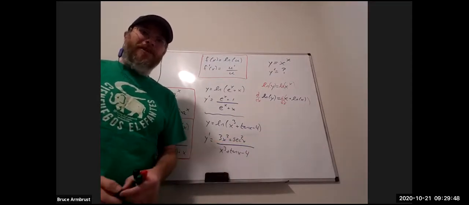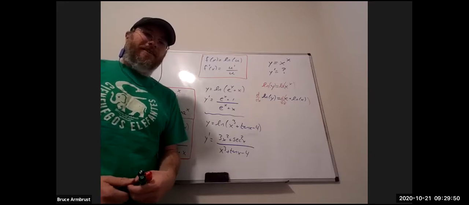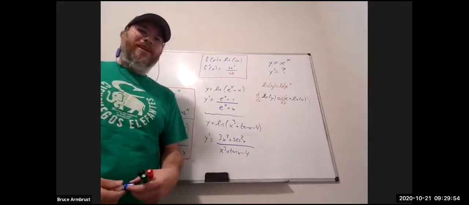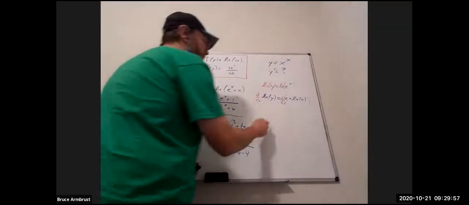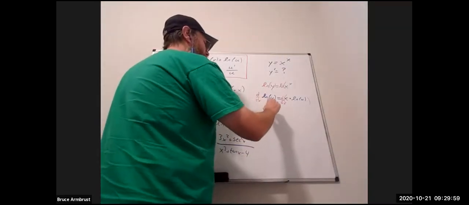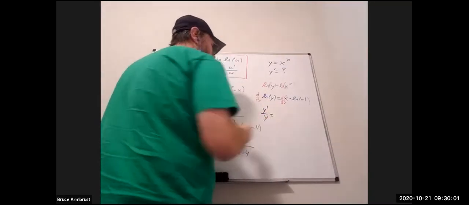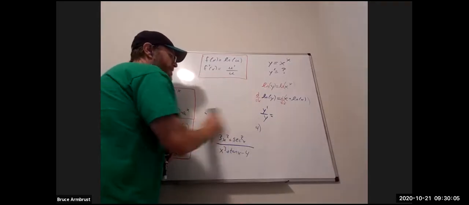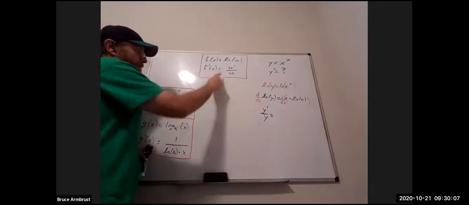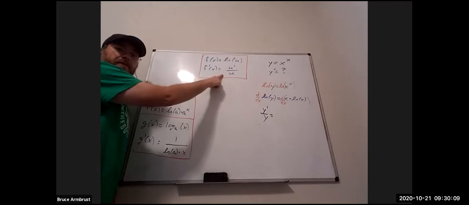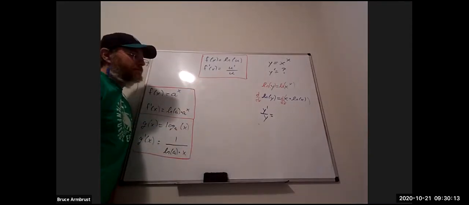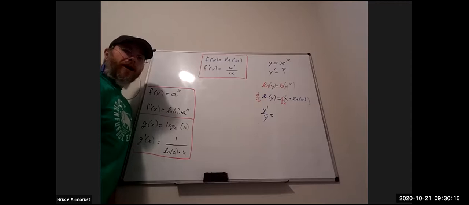This is implicit differentiation. Remember that stuff we were just doing? So we're going to get y prime over y. That's the general power rule. Instead of u, it's y. So we've got y prime over y.